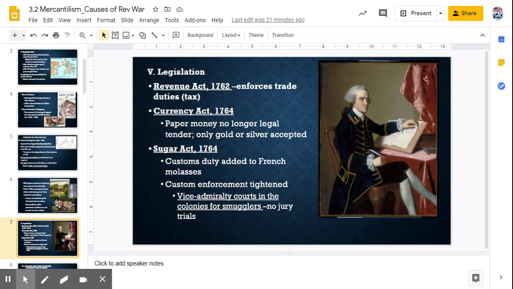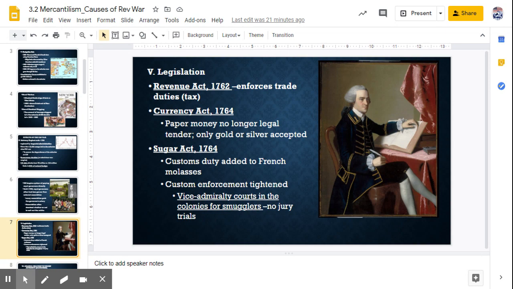And the reason they did this is because gold and silver are what we call hedges against inflation. Paper money, it's much easier to inflate a currency, but gold basically has its own commensurate value. And so they wanted to get all the gold or silver out of the colonies and in the hands of Parliament to pay their debts to other nations. And so the Currency Act did that as well.